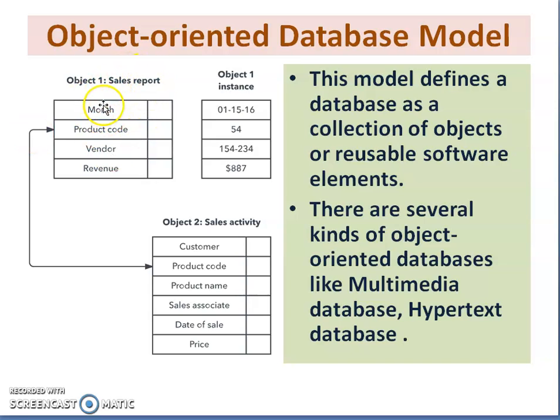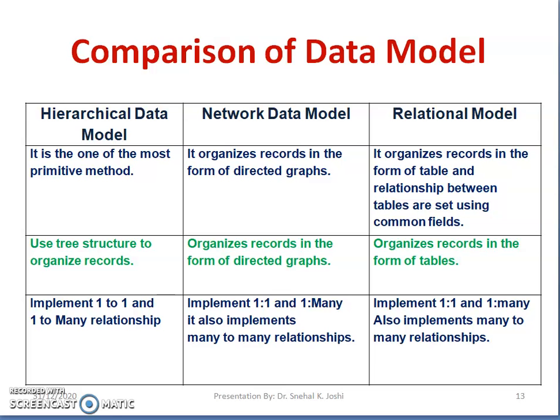As shown here, we have the first object, that is sales report, then it has some instances, and the sales report object is connected with sales activity, that is customer, product information, etc. There are several kinds of object-oriented databases available, like multimedia database, hypertext database, etc.